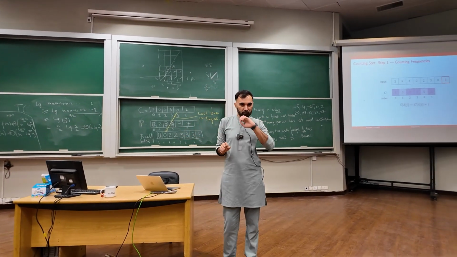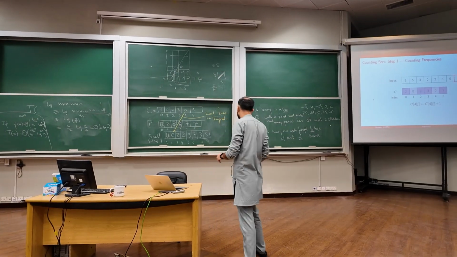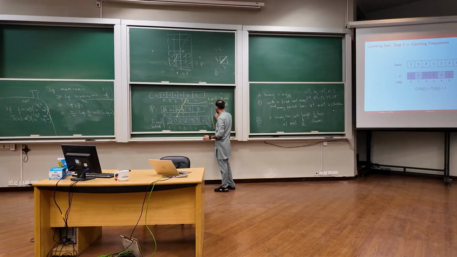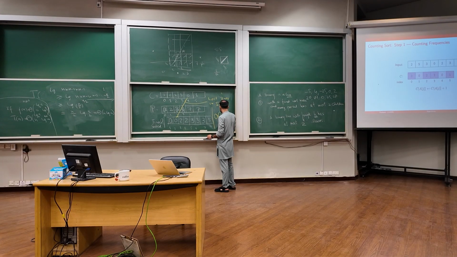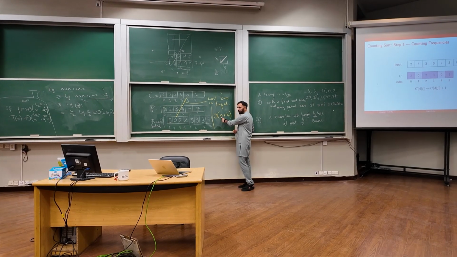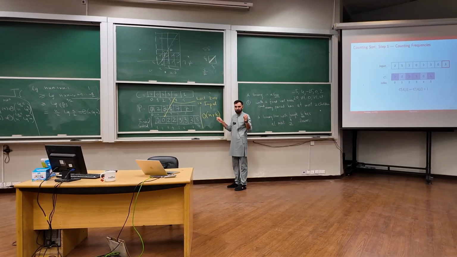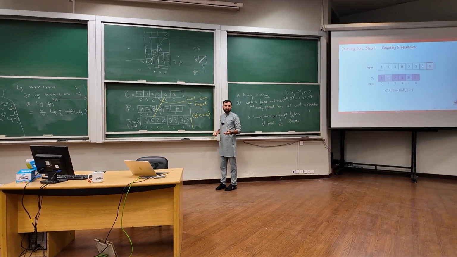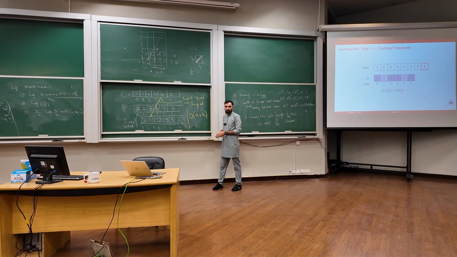of numbers is small. So the time complexity of this algorithm is order n plus k, where n is the number of elements and k is the range of elements. If your numbers are starting from 0, then k is the largest number. Okay?